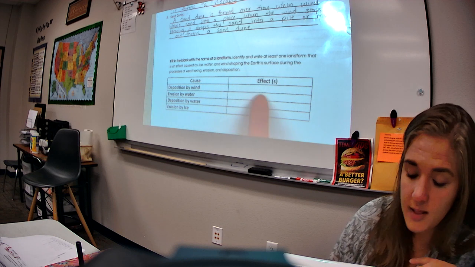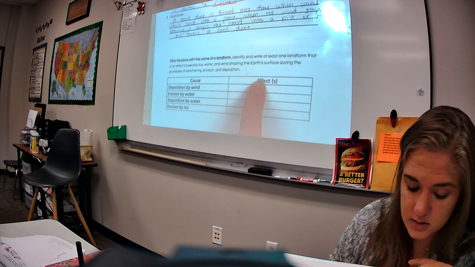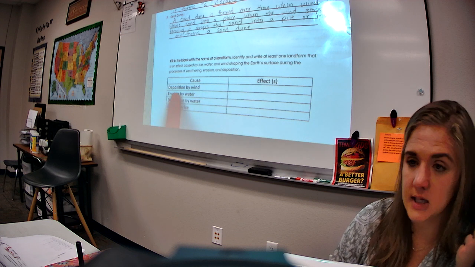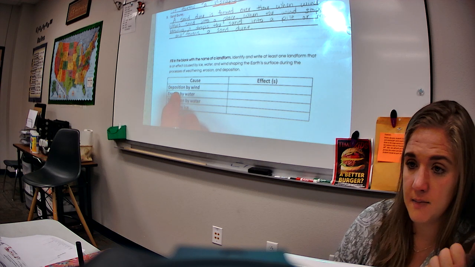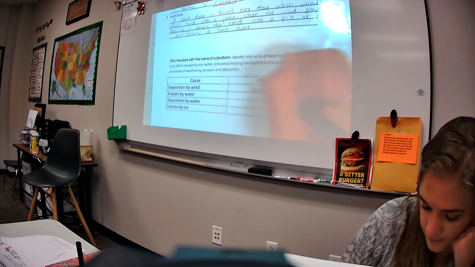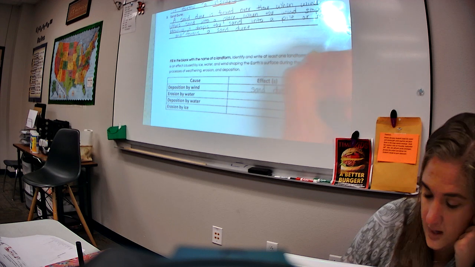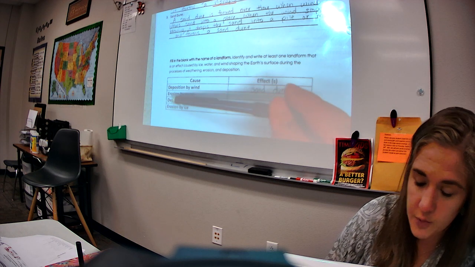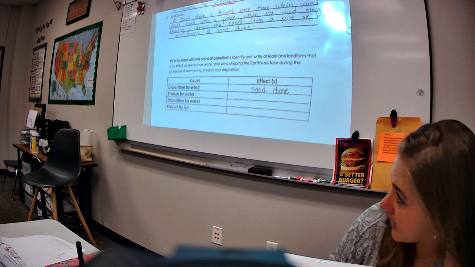Okay, what landform is caused or is constructed from the wind depositing things? Hannah, a sand dune. Very good. Okay. What landform is caused by water eroding something? Rogelio, what do you think?